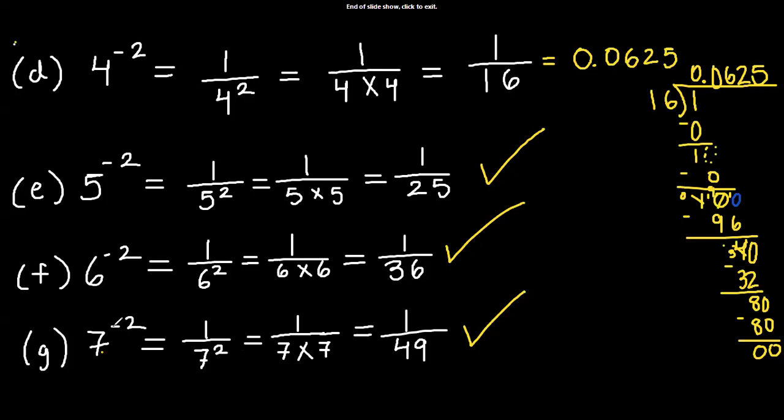Very good. And then we times the 7 by the 7 because it says -2. Why do we do 7 times 7? Because it's 7 squared. Good. And what is 7 squared? 7 times 7. Good, which is what? 49. So the answer is 1/49. Very good.